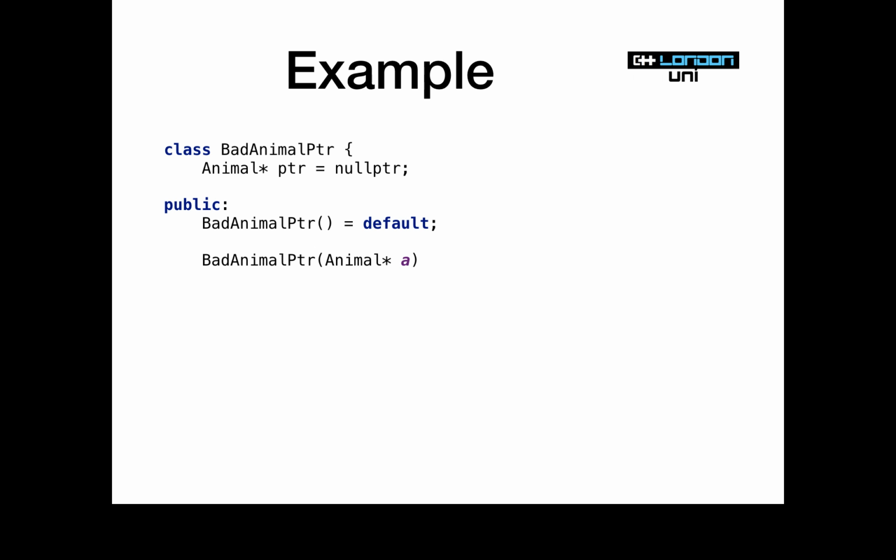This is a constructor which takes an animal, a pointer to an animal. And then in the member initializer list, I've set our member called PTR equal to this pointer we've been given called A. Right. No other initialization I need to do, so the body of the constructor is empty.